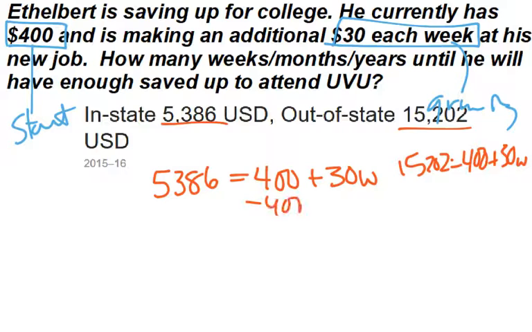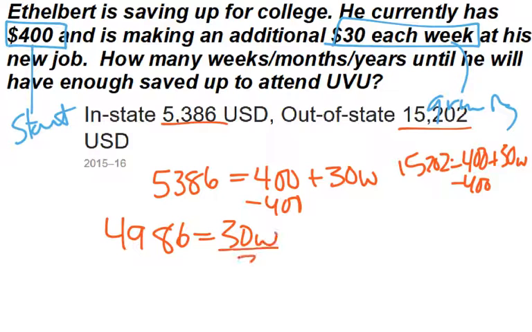So we subtract 400 from both, okay? So we end up with 4,986 equals 30W. Divide by 30. And we get 166.2 equals W. So 166 weeks. Okay.